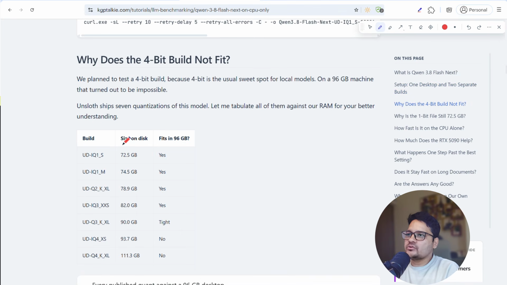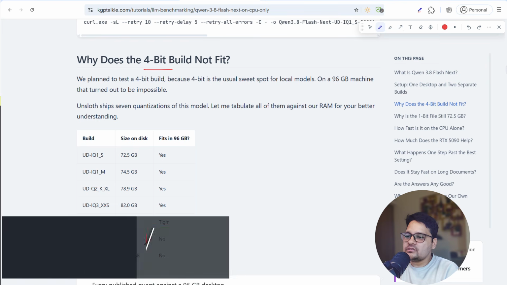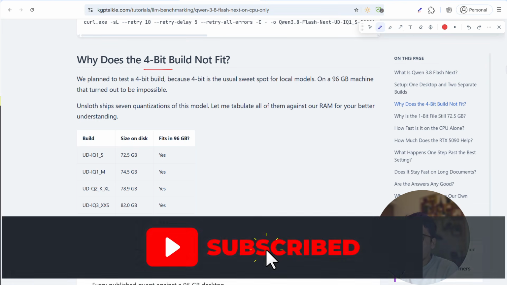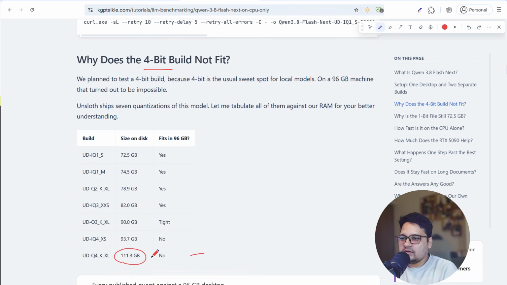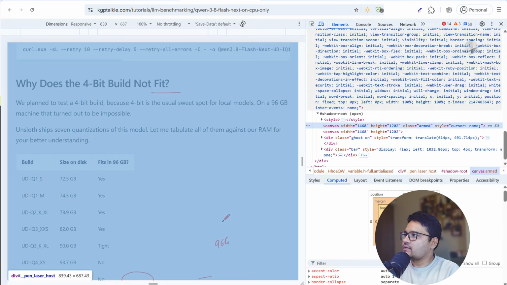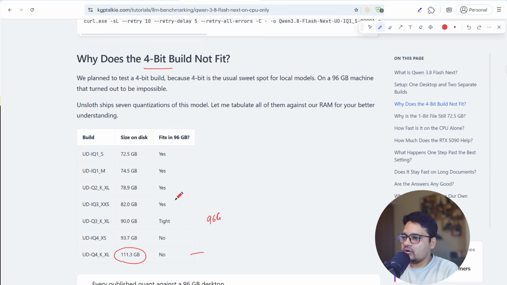Now let's see why I cannot use the 4-bit build. As I told you earlier, I cannot use this 4-bit build because the memory requirement is too much. Currently the memory requirement is around 111 GB, and if someone has 111 GB or so, that person can definitely test it. Otherwise, in my case, the maximum memory I have is 96 GB. That means I can use these models.